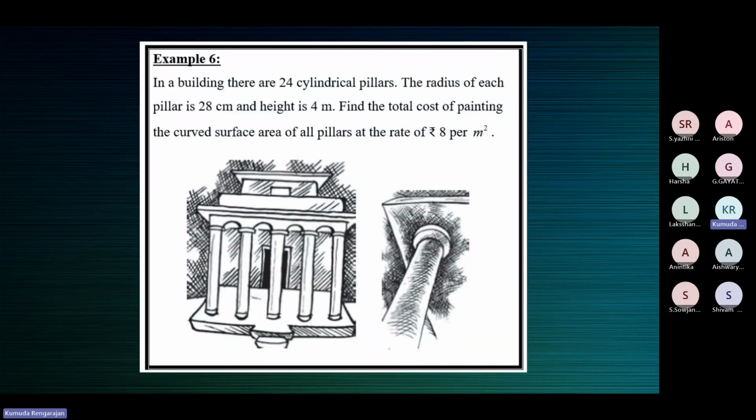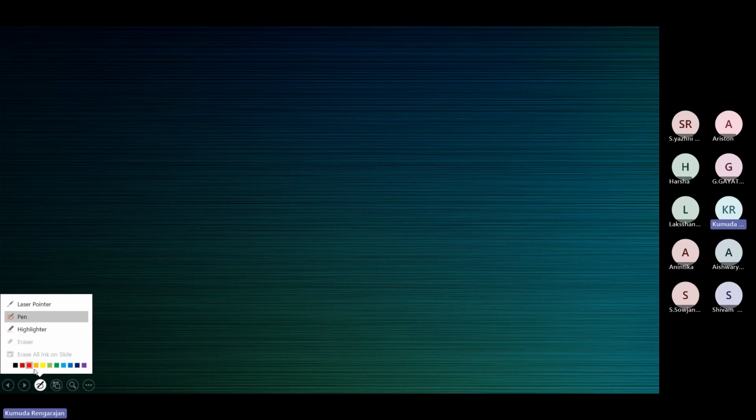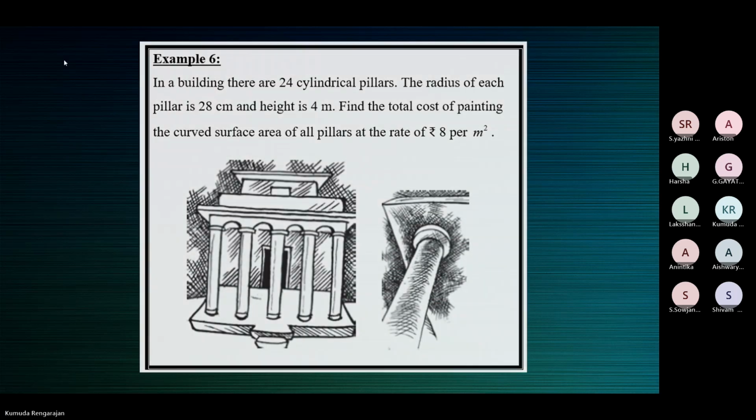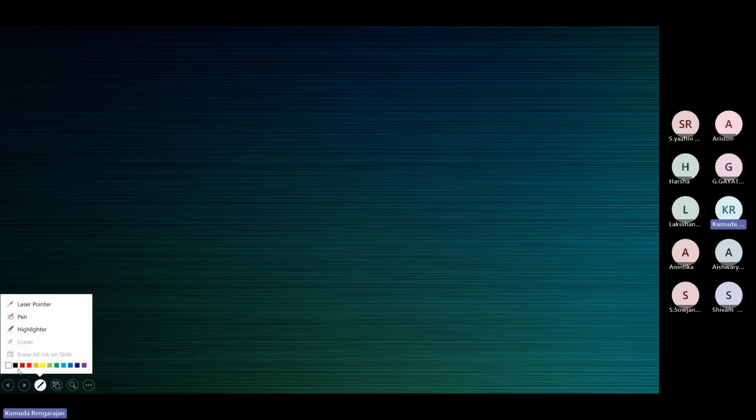Okay, so radius is 28 centimeters and height is 4 meters.